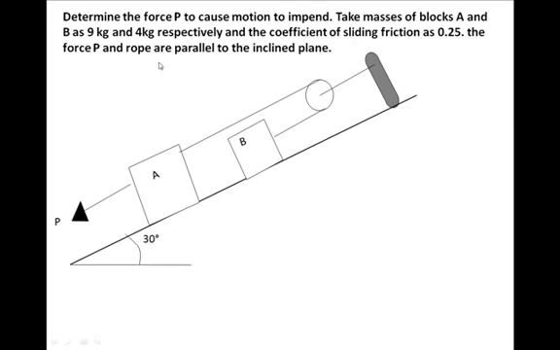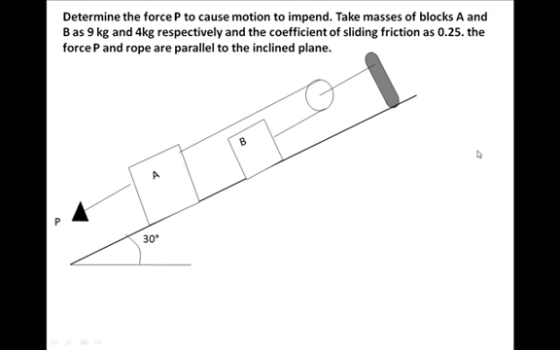The force P and the ropes are parallel to the inclined plane. Now, see here, when P moves down, B goes up, and that's the only way this system can move. No way A can go up, particularly when you are trying to pull it with force P down.